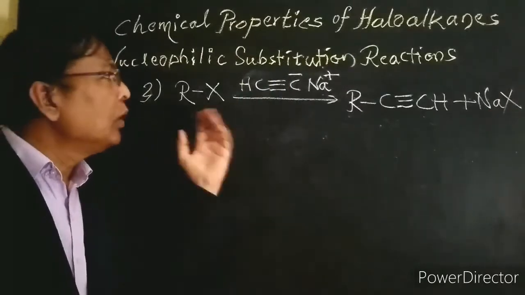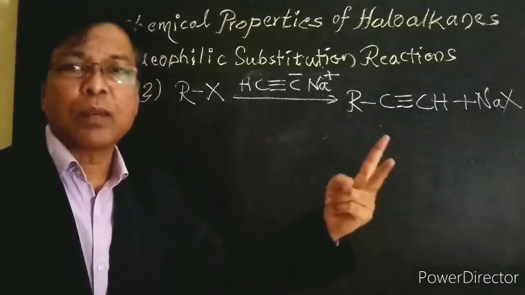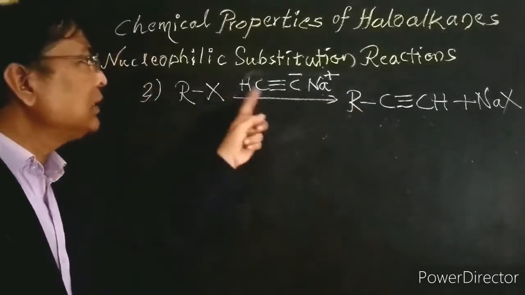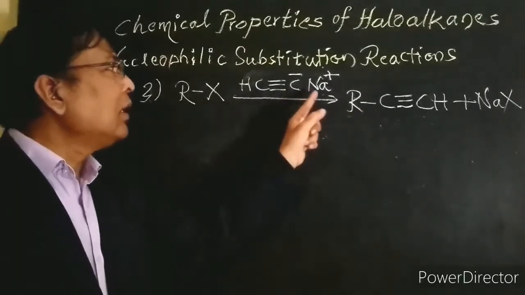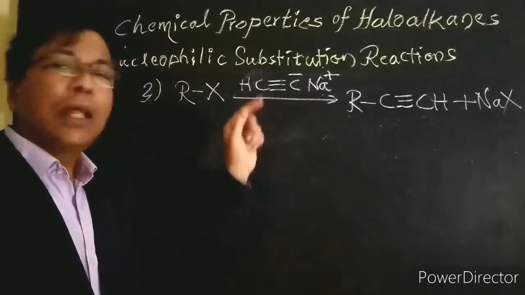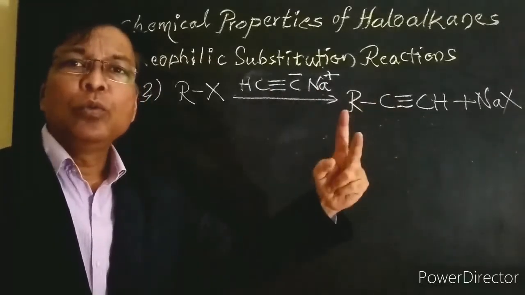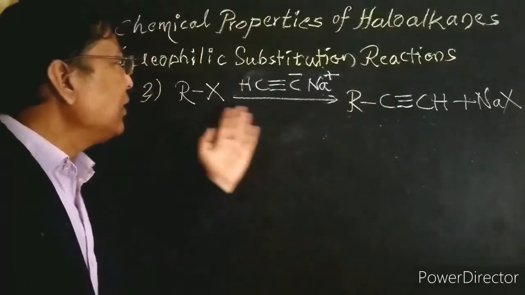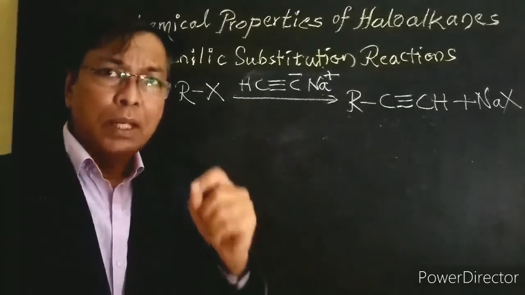This is a very important reaction. If we want to increase the number of carbon atoms in the product by 2 carbon atoms, we follow this reaction, that is, alkyl halide is reacted with sodium acetylide. So we get the product having 2 carbon atoms more than the reactant. Therefore, this is a step up reaction.